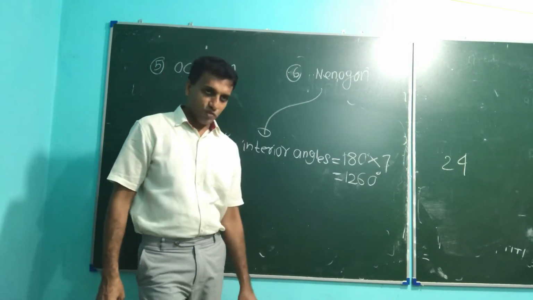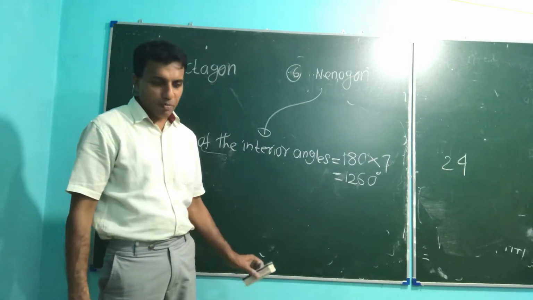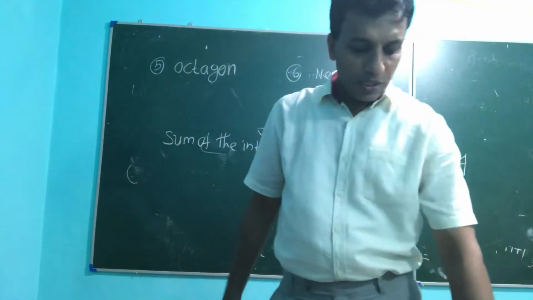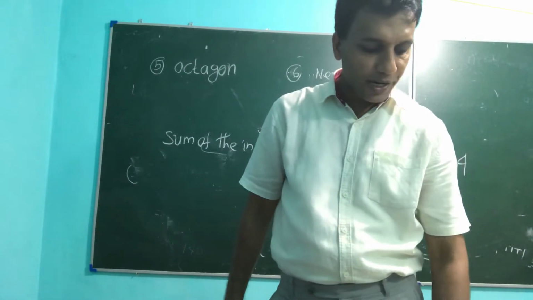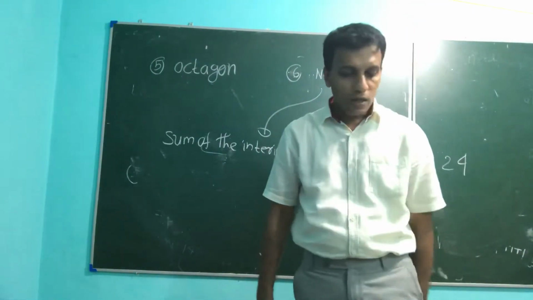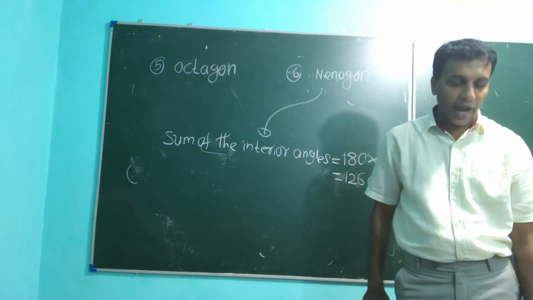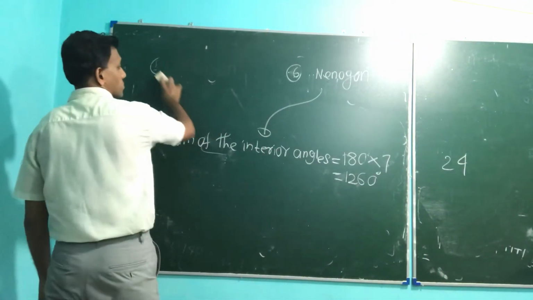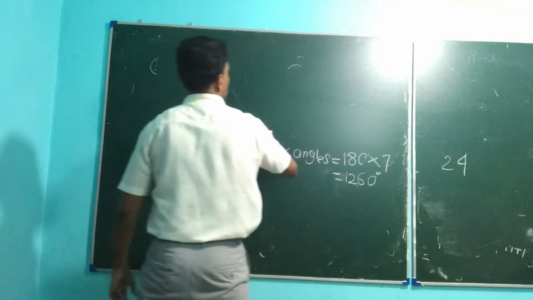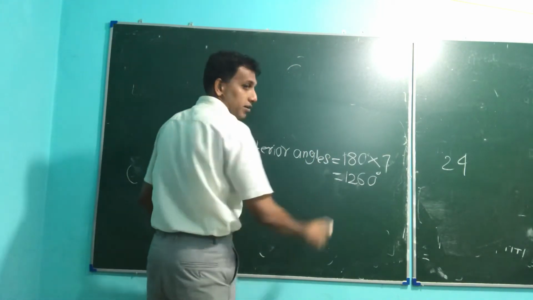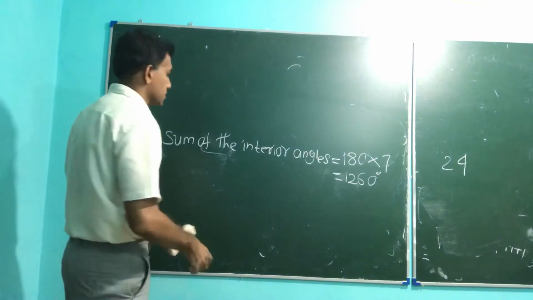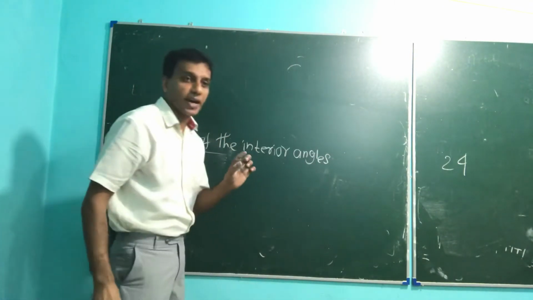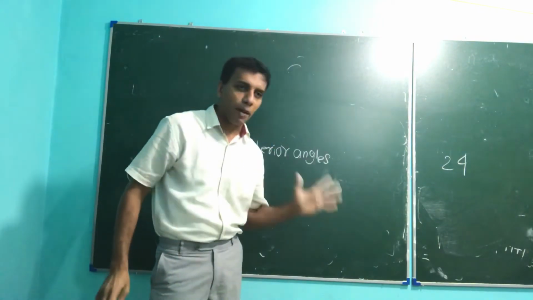At last, generally, in this method, if n sides, what is the sum of the interior angles? n sides, we don't know what n is, an unknown number, right?